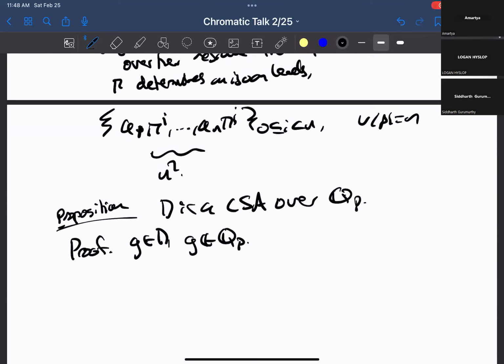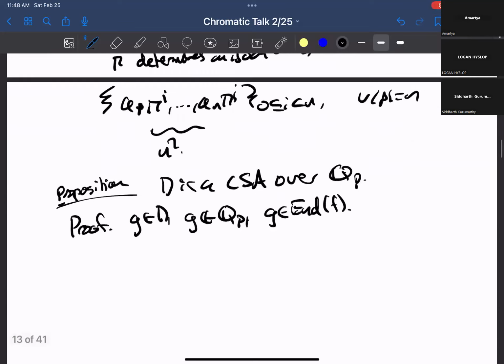So we can assume that g is in the endomorphisms of F, because we can just multiply by powers of p until this is the case. So ZP lives in this endomorphism ring, and it's closed in here.